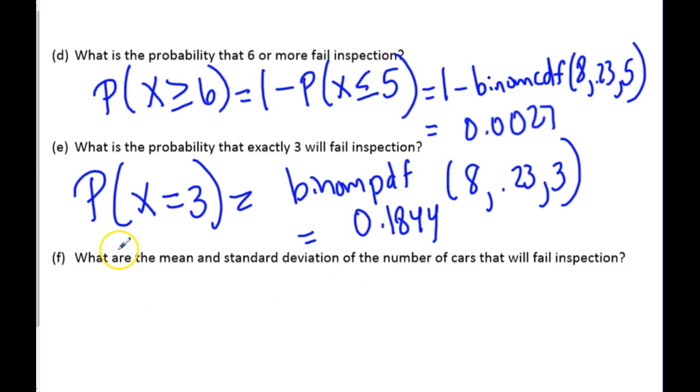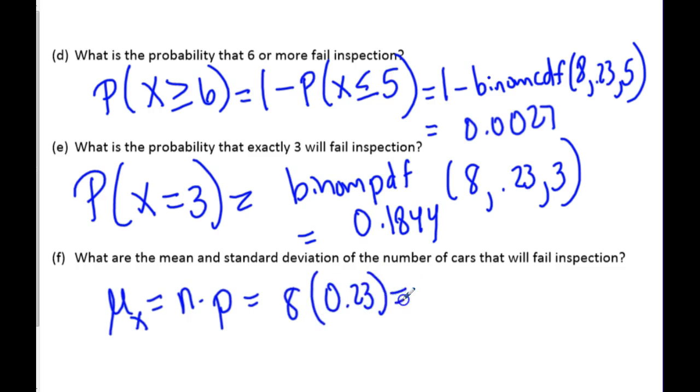It says, what are the mean and standard deviation of the number of cars that will fail inspection? Mean and expected value all mean the same thing. So we're going to have mu sub x. This is our formula, n times p. That will simply be 8 times 0.23, which gives me 1.84 cars.